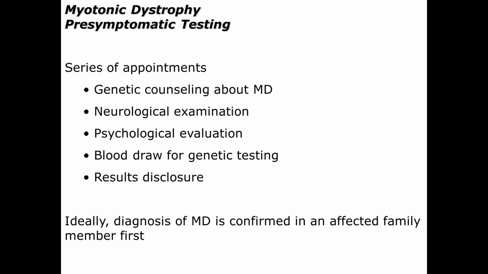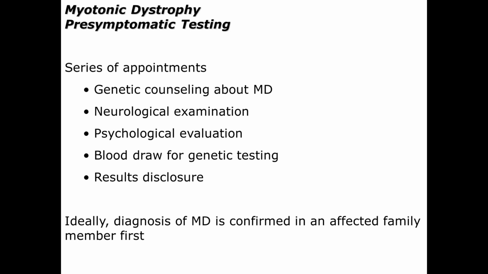Since it's a 50-50 chance of passing down that gene expansion, you would expect that 50% of the embryos would have the non-expanded gene from that parent. So you would expect a good proportion of the embryos to be unaffected with myotonic dystrophy. Again, the parents would decide to implant those embryos.